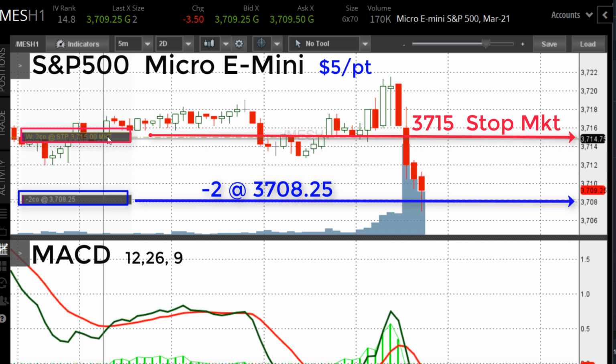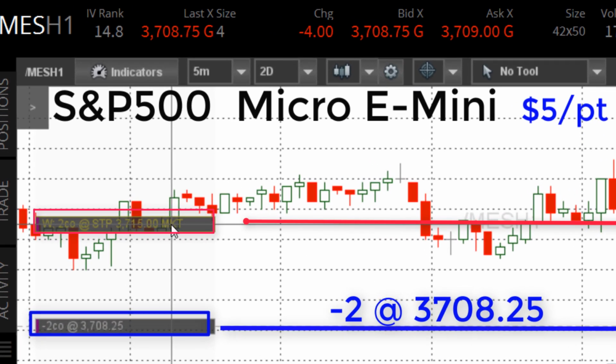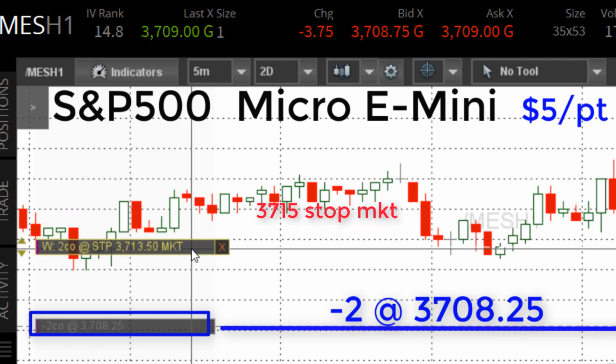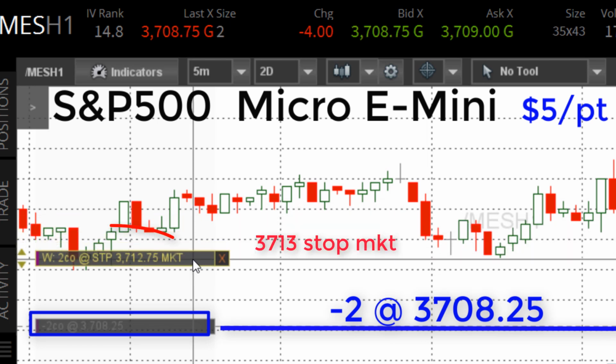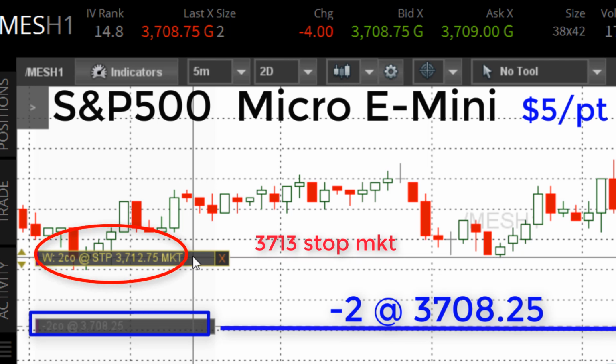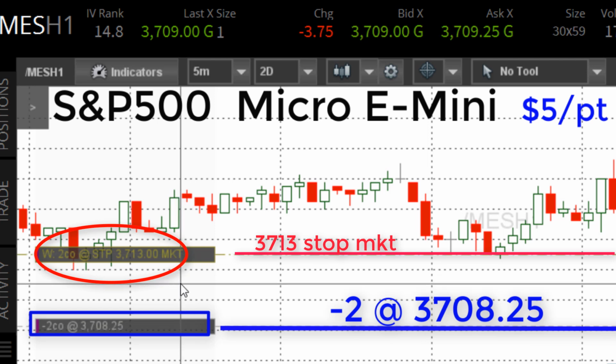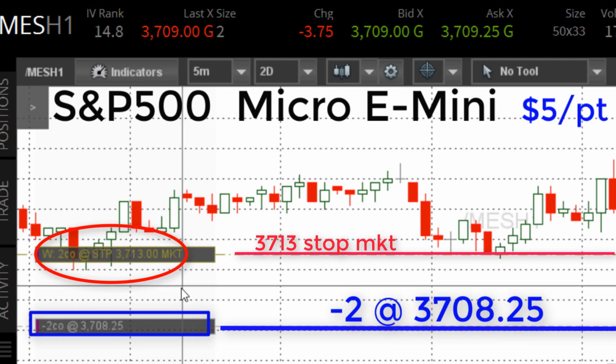You remember, a stop market order. Now watch this. I'm going to take this stop loss right here, and I have to click it to highlight it first. And then I'm going to hold down the left mouse button, slowly drag this stop loss market order down, and then let go of the left mouse button, and it automatically changes my stop order.